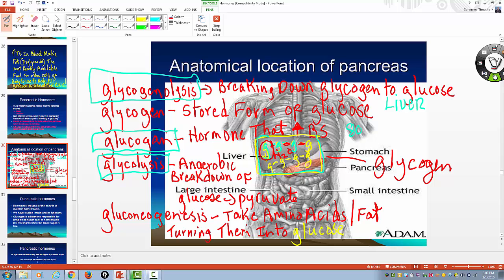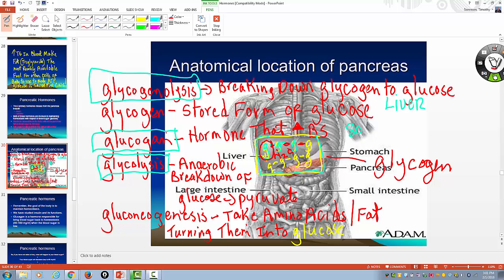Glycolysis is the anaerobic breakdown of glucose to pyruvate, right? So it's that partial breakdown of glucose once it gets inside the cell to pyruvate, and you make a few ATP. And you do this without oxygen, and that's important. We talked about that. Gluconeogenesis, on the other hand, is taking stuff that ain't glucose and turning it into glucose in the liver.